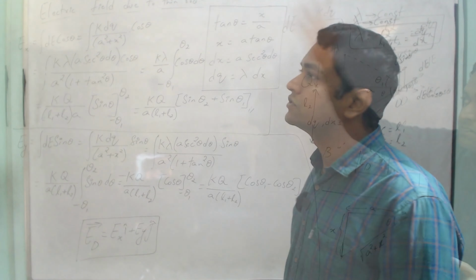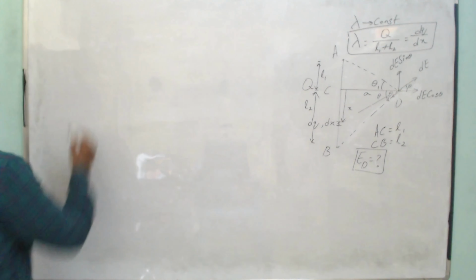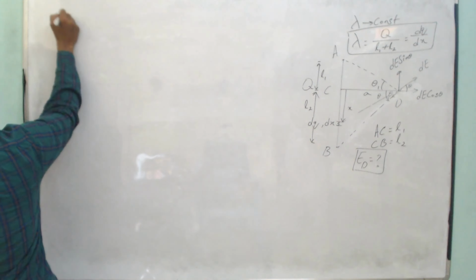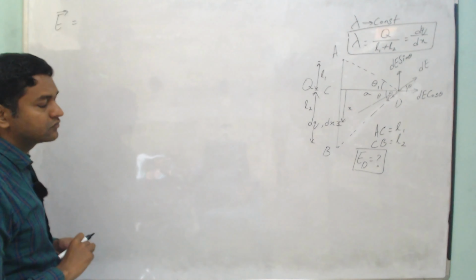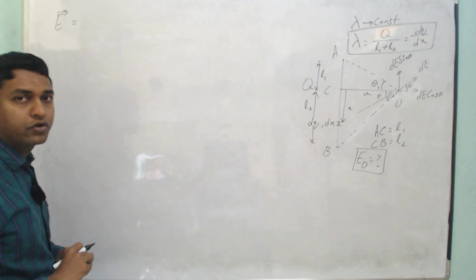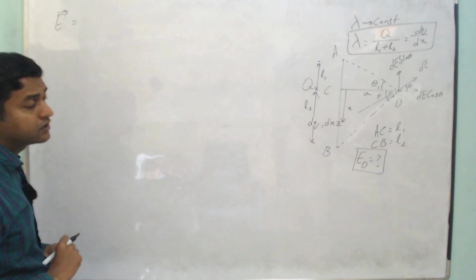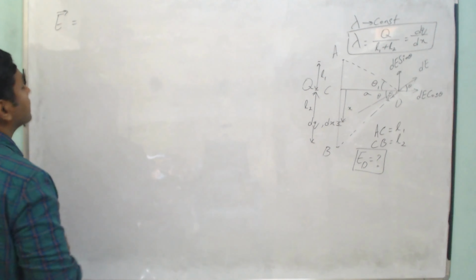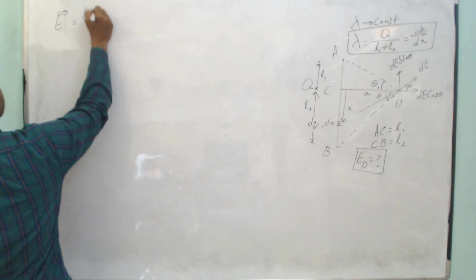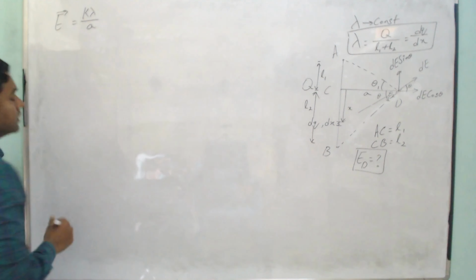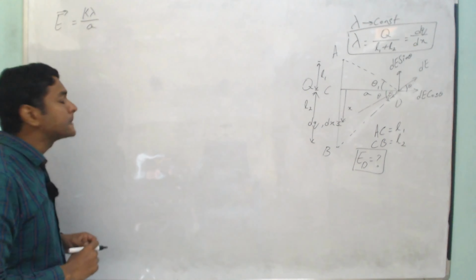Yes, sir. So what we are saying is the net electric field due to the thin rod at a point D, resultant, can be written as k lambda by A. That means I am taking my q by L1 plus L2 as lambda, right?